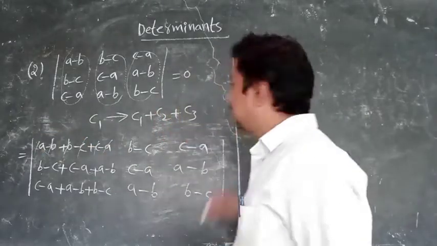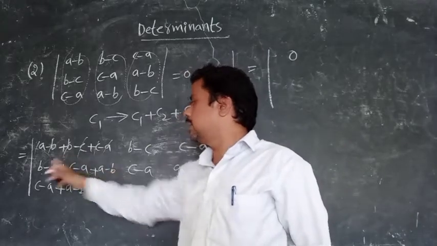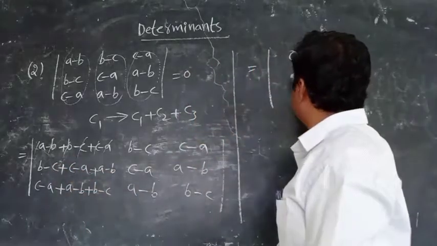What is the result? 0. This is also 0, 0, 0.